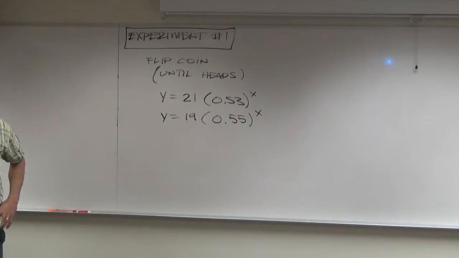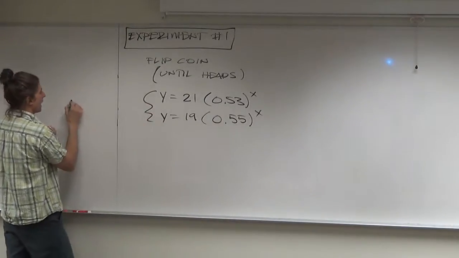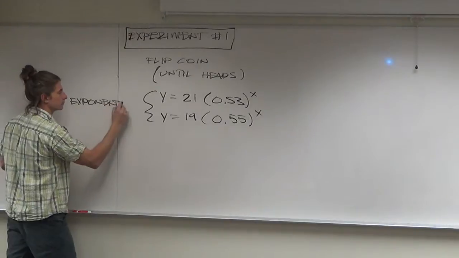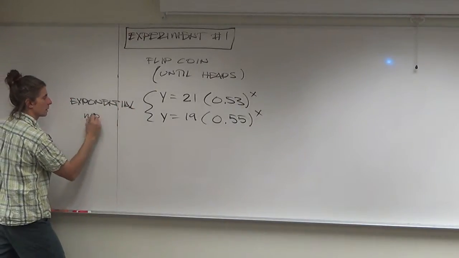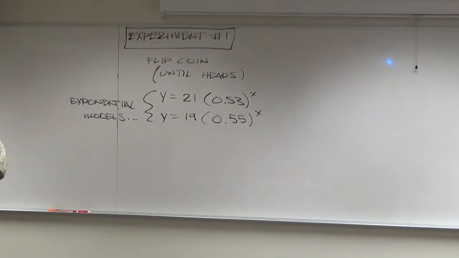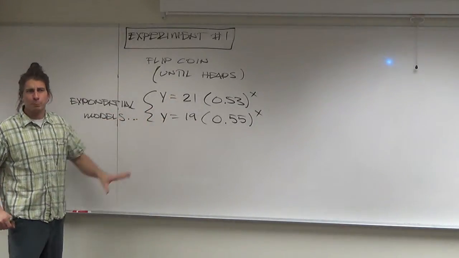So these are our exponential models that we got experimentally, which we're about to do with our decks of cards as well. So it's okay that we got 2 different ones. They're pretty close to each other.